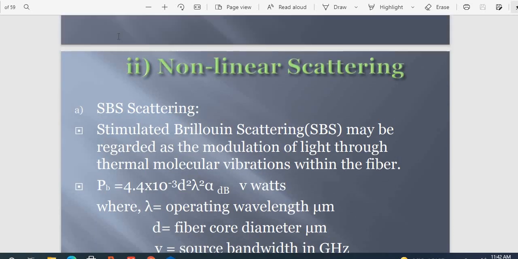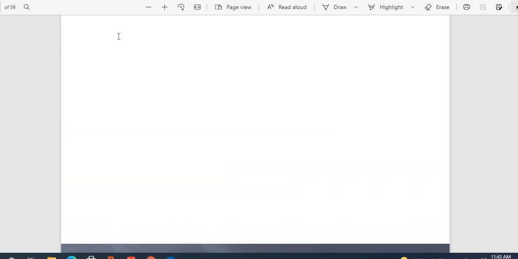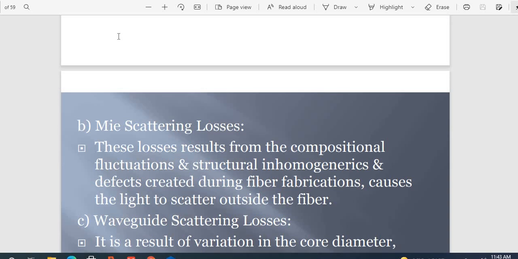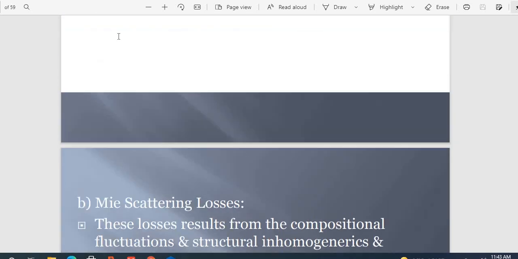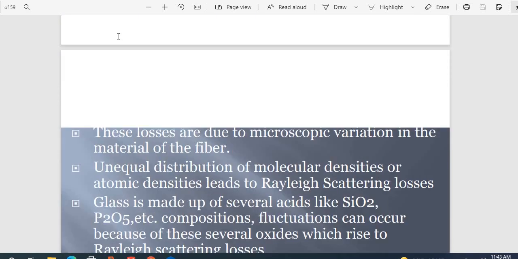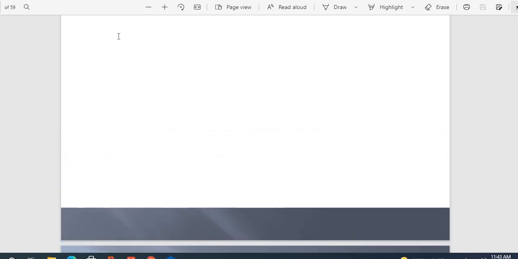SBS is stimulated Brillouin scattering, SRS is stimulated Raman scattering. Those are the two types of scattering we have discussed, along with Mie scattering and waveguide scattering. Waveguide scattering is further part of SBS and SRS. And before that we learned about Rayleigh scattering.